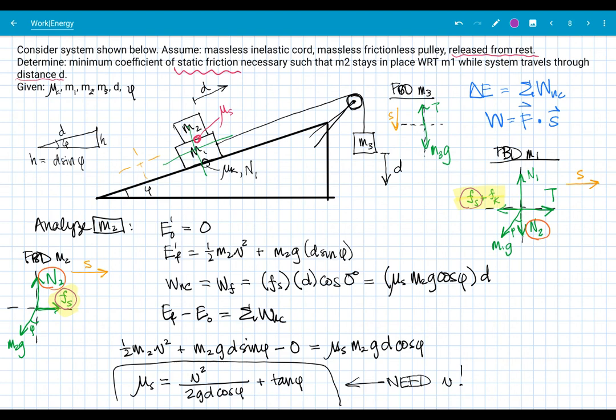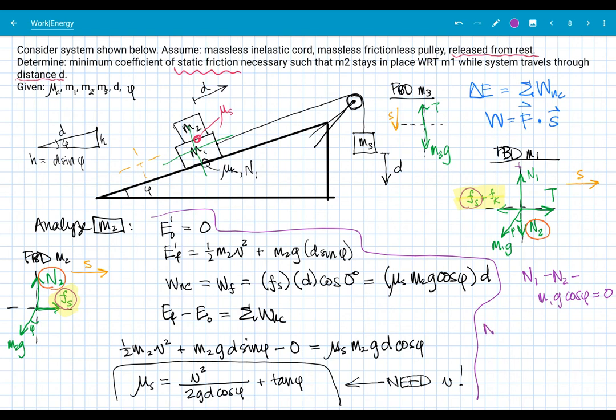So if I say upward positive, I can say N1 minus N2 minus M1 g cosine phi is equal to 0.